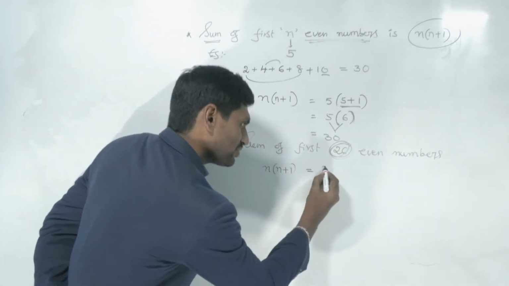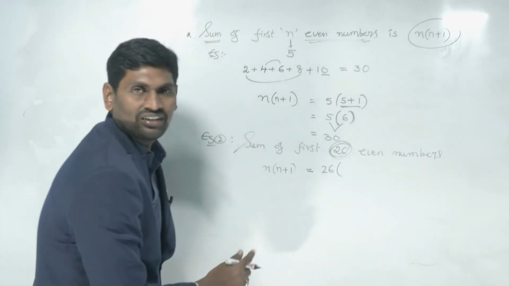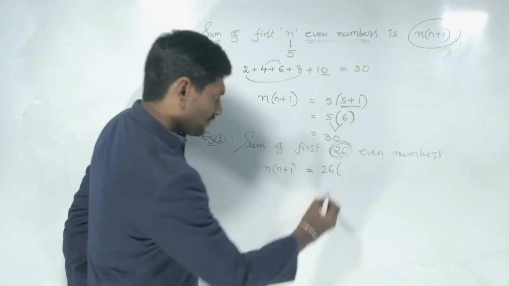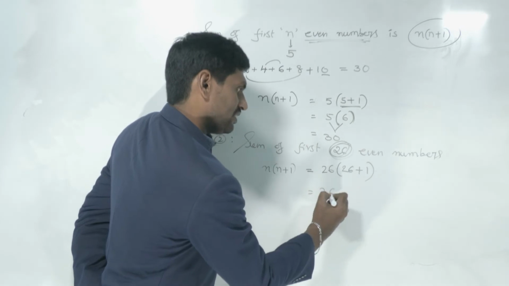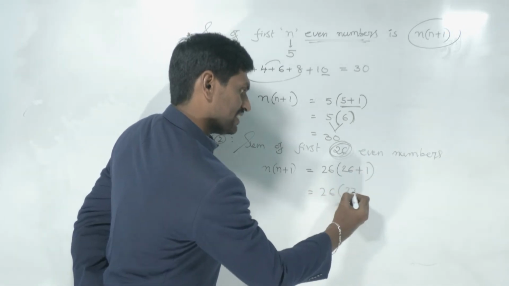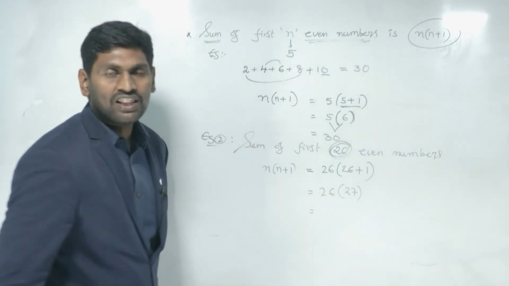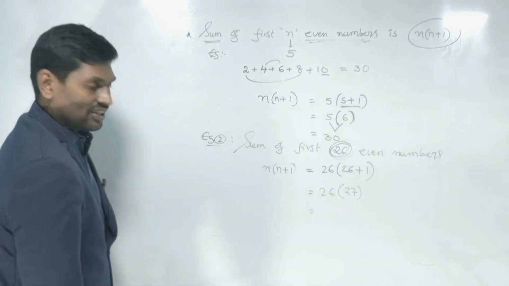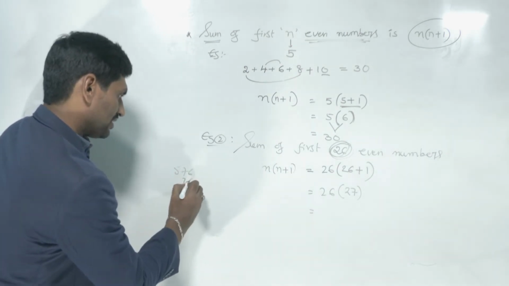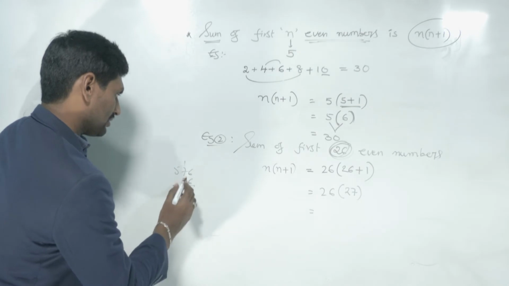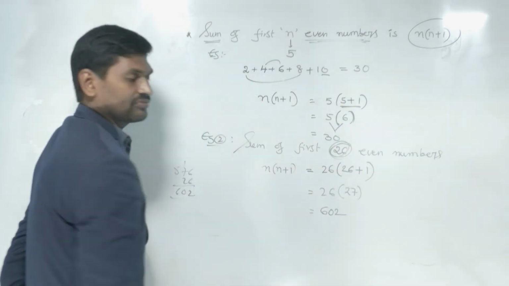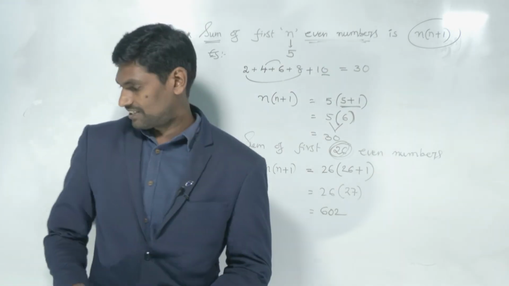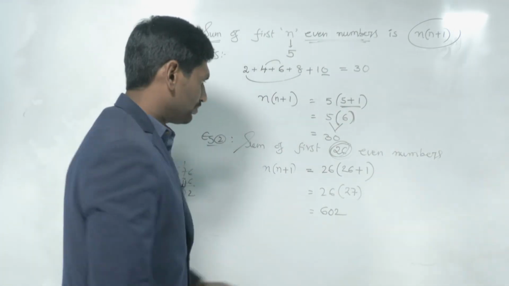Very good. So 26 into n plus 1, which is 26 plus 1, that is 27. What is the answer, children? 576 plus 26, 602.